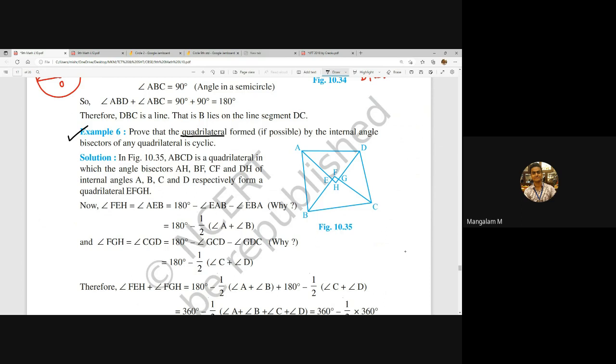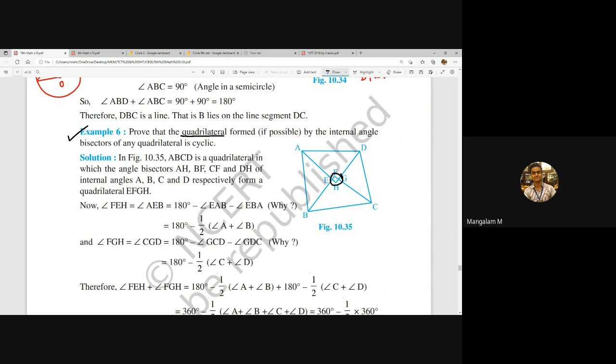So ABCD is a quadrilateral, and AH, BF, CG and DH are the angle bisectors of angle A, angle B, angle C and angle D. You have to prove that the quadrilateral formed by the internal angle bisectors of a quadrilateral is cyclic.